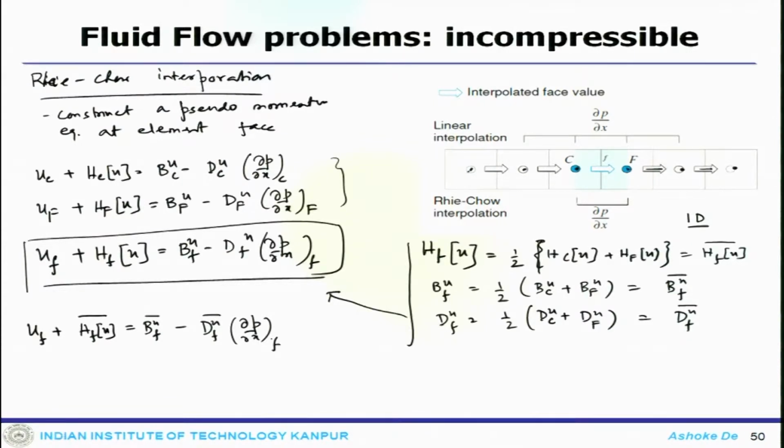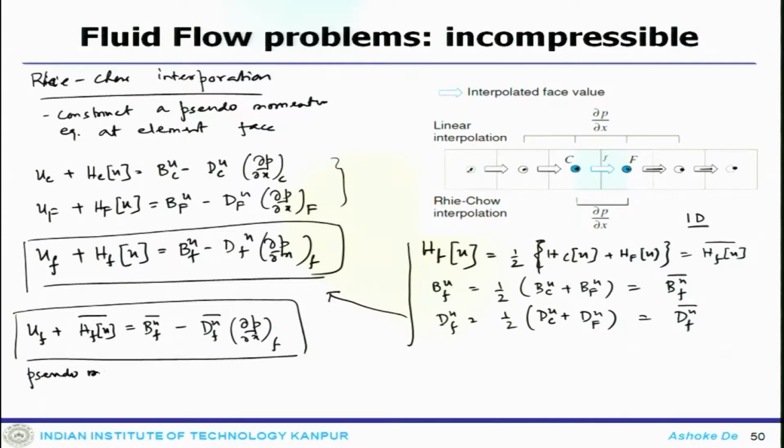So, this is in all practical sense the momentum equation on a staggered grid. If you look at this particular equation, I say it is a pseudo momentum equation for a collocated arrangement, but it is equivalent to a momentum equation on a staggered arrangement.